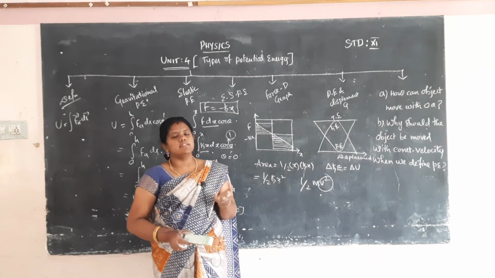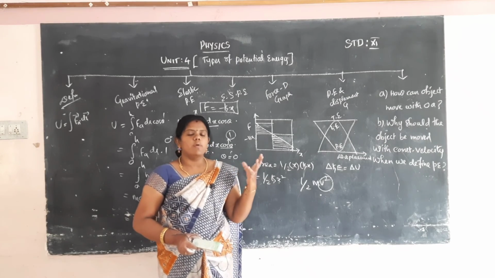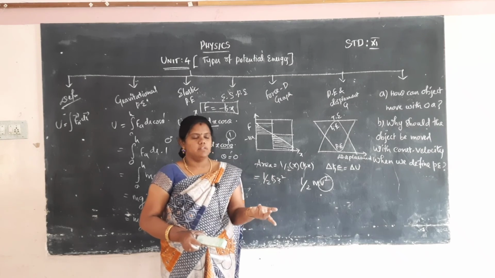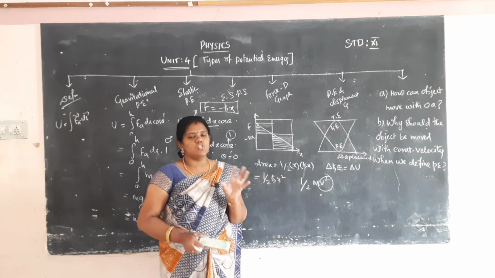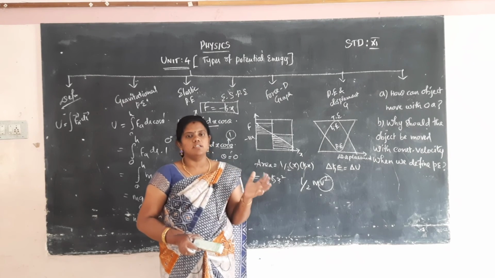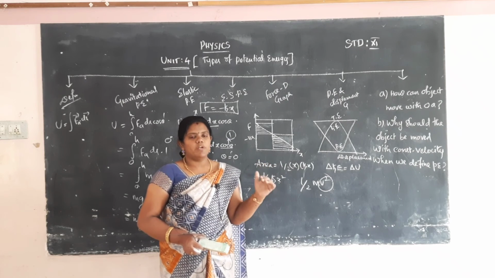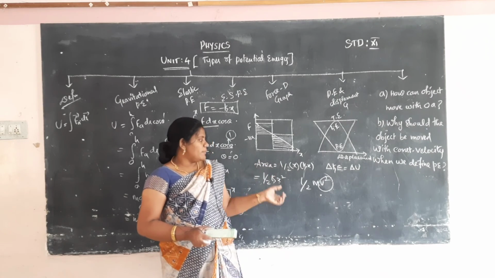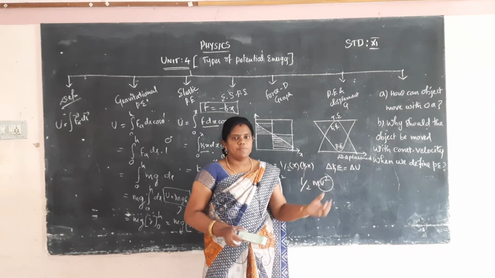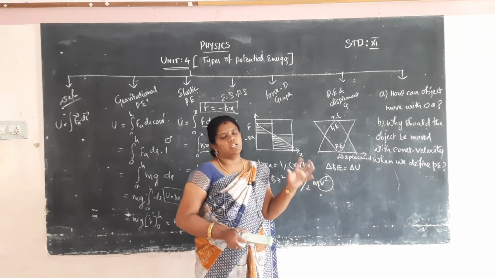In all three cases there is no change in kinetic energy of the object. According to the work-energy theorem, the change in kinetic energy equals the work done. So kinetic energy is constant in the explanation of potential energy, and velocity does not change. So the object is considered with constant velocity to explain potential energy.